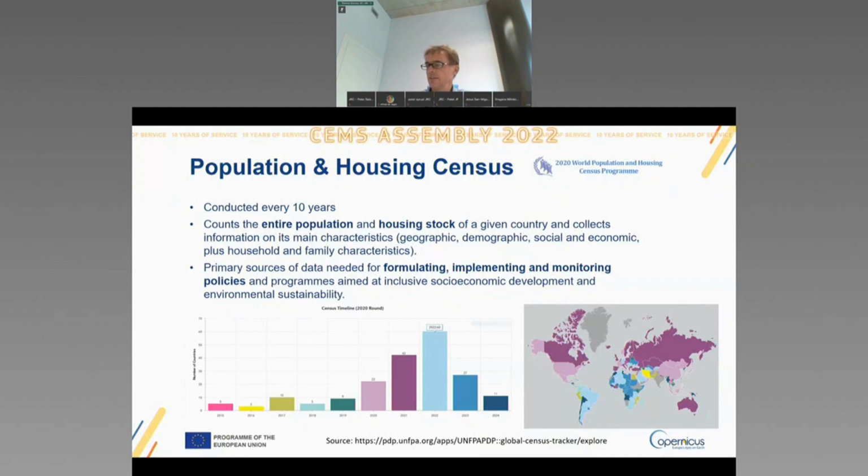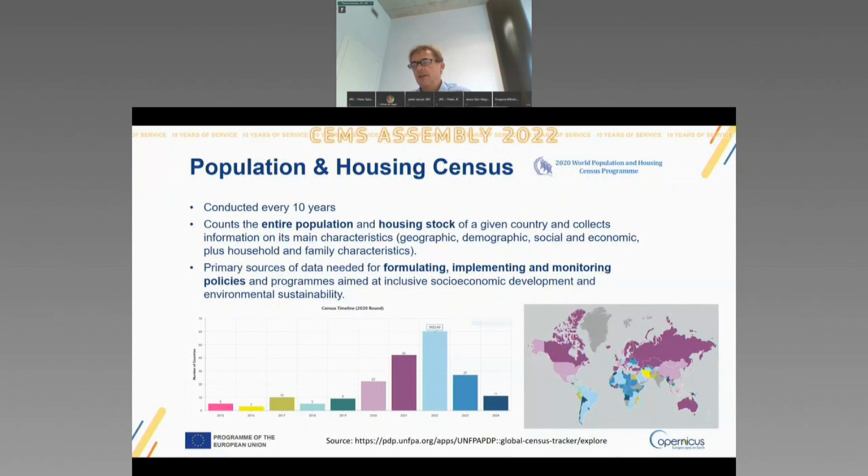I've shown here at the bottom right a map that illustrates for the 2020 census round how countries are implementing that. And you see already on the left-hand side this census timeline that we don't manage to get a census in all countries in 2020.